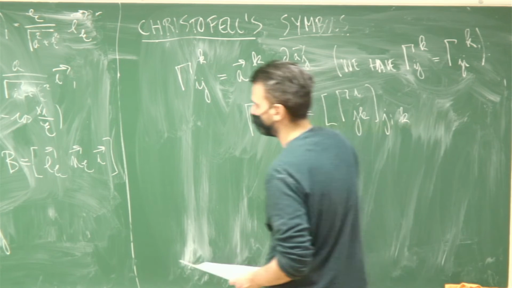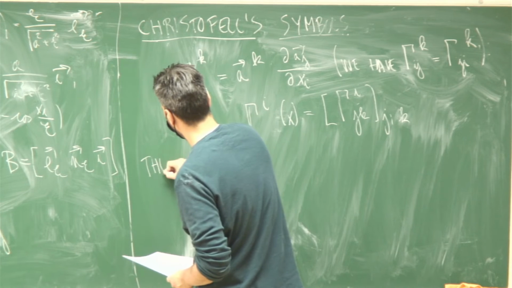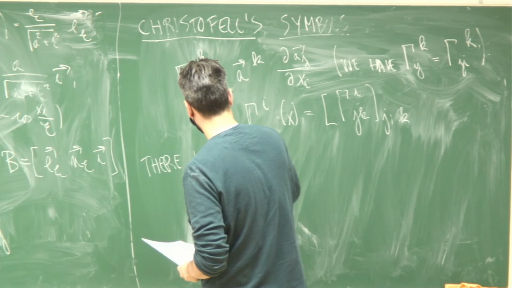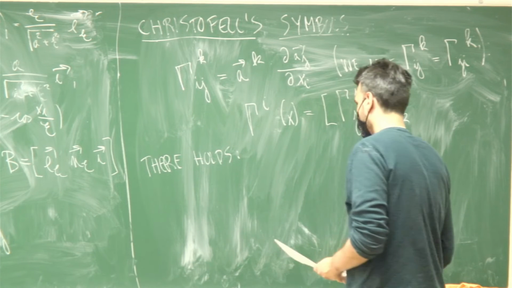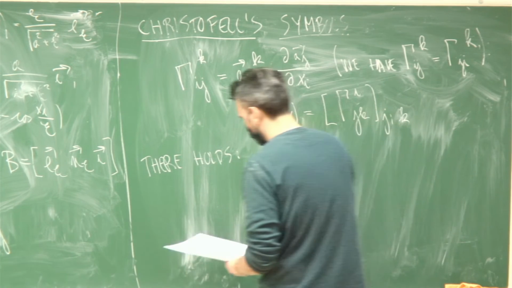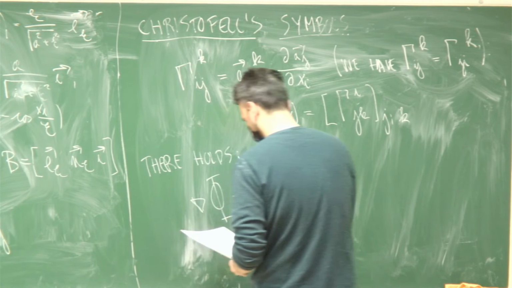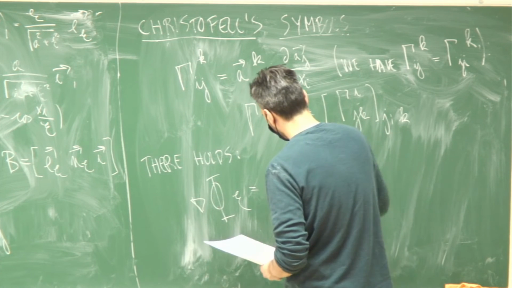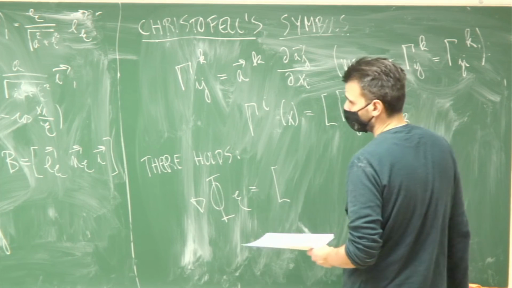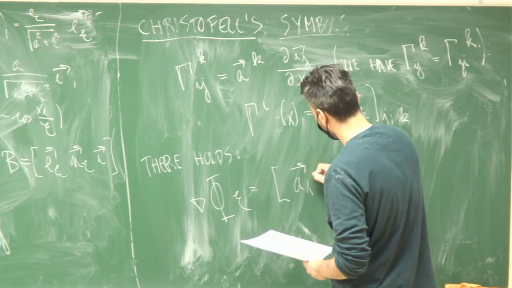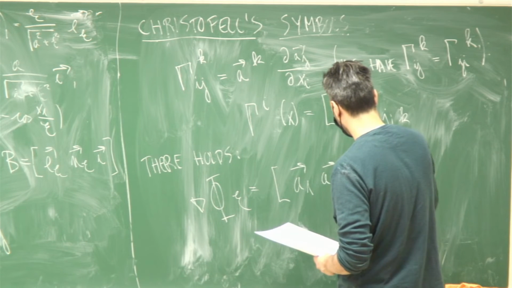So there holds the following: the gradient of big phi of epsilon is basically the elements of the covariant basis in columns, so A1, A2, A3.